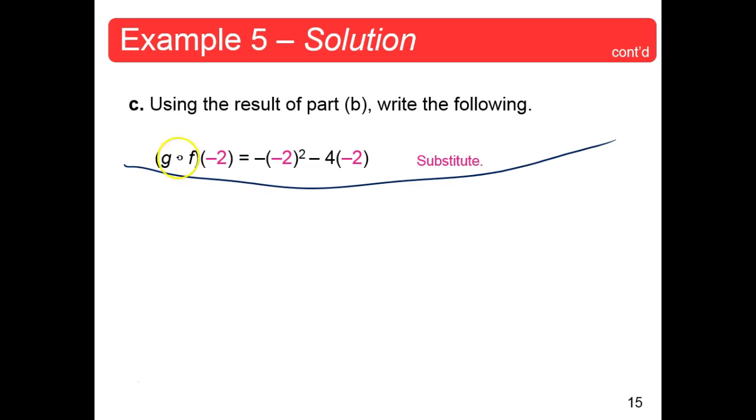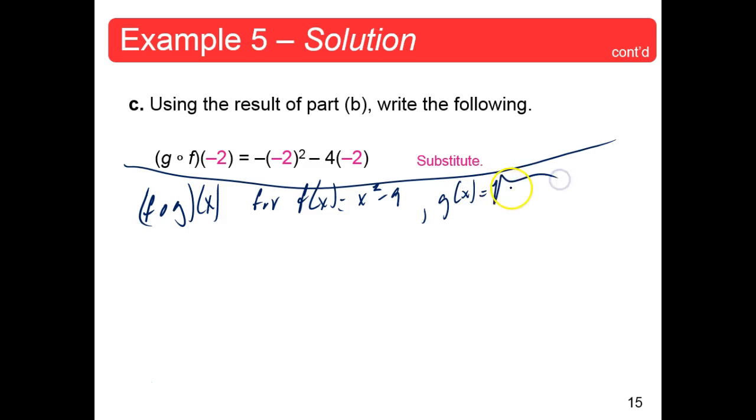Find the domain of f composed with g of x for the functions f of x equals x squared minus 9, and g of x equals the square root of 9 minus x squared.